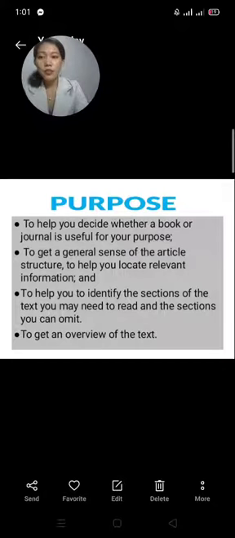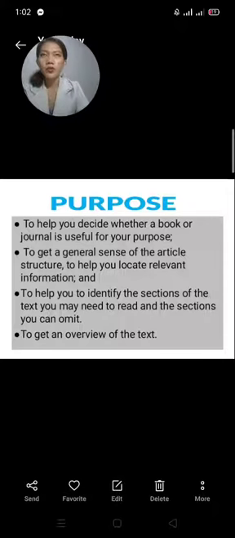For the first two purposes, for example, you are in the bookstore and you don't know what book you will buy, or a book that suits your preference or the information you need. By previewing, at least you will easily find the perfect book for you. And the second one is to help you identify the sections you may need to read and the sections you can omit.